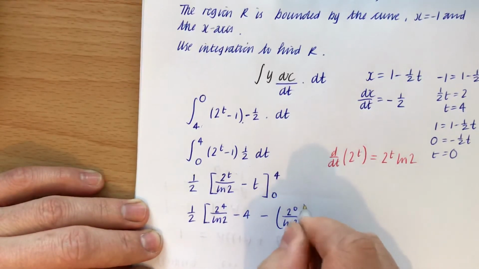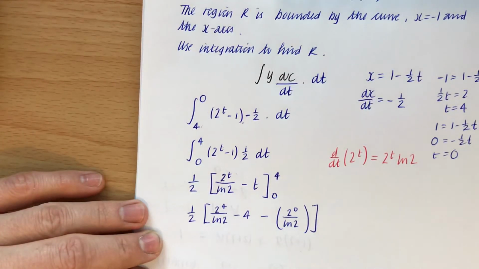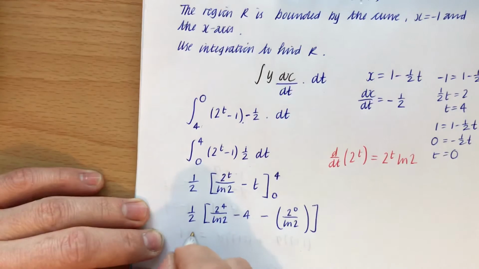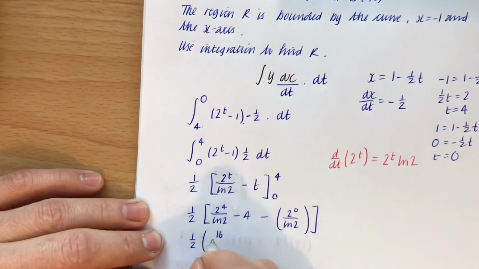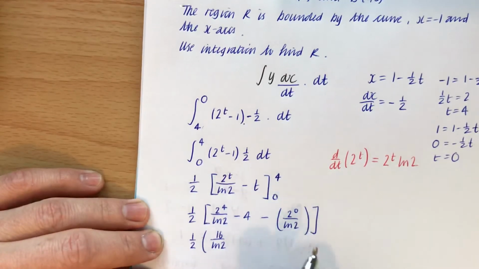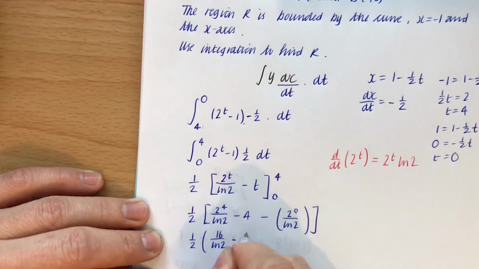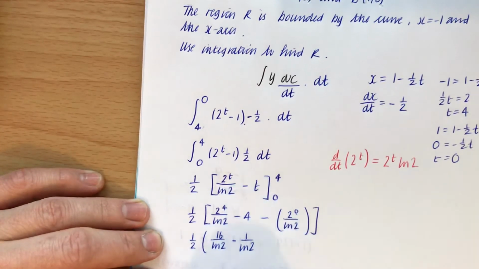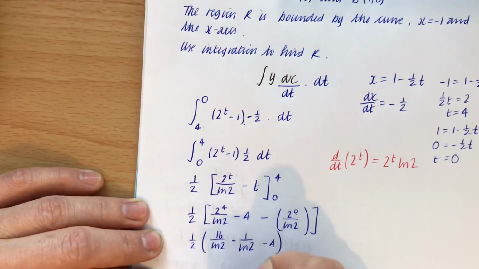Take away 0, so we just have that there. So we have 16 over log 2. Now this here is 1 over log 2, so that's take away 1 over log 2. And then we have minus 4.